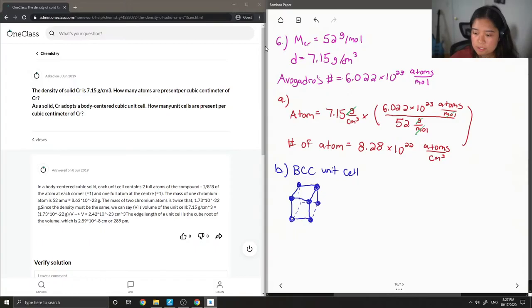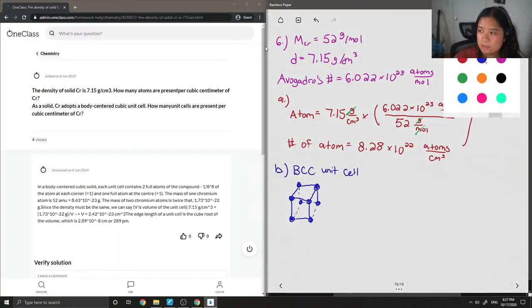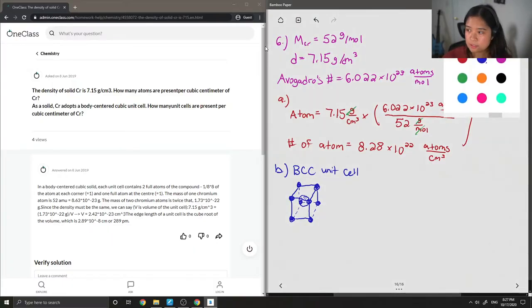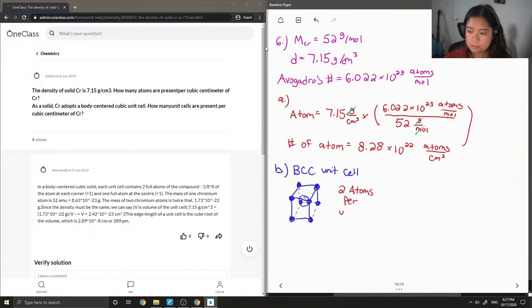You can see that each corner contributes 1/8 of an atom. And also in a BCC unit cell, you have a single whole atom in the middle here. So therefore I can say that there are in total 2 atoms per unit cell.